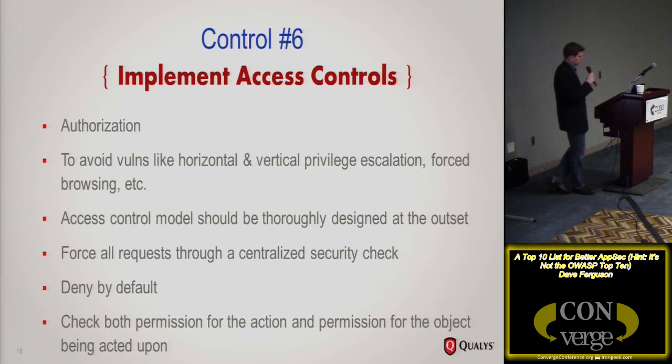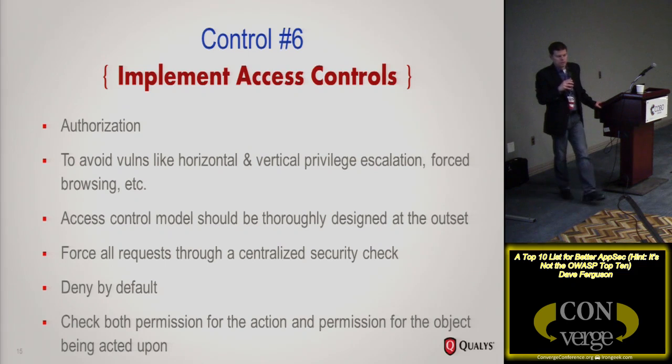It becomes spaghetti code often in that scenario. So best practices there are really to route all your requests through a centralized security check and do a default deny so that if no information is provided, then access should not be granted.